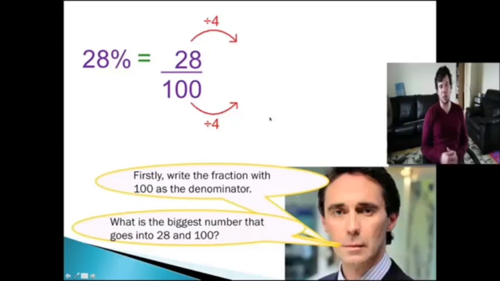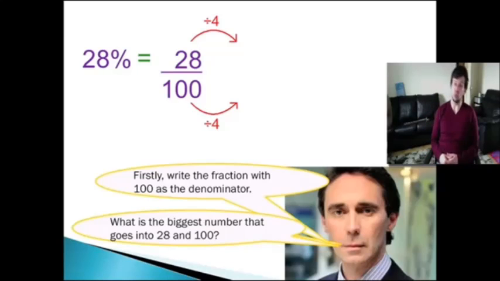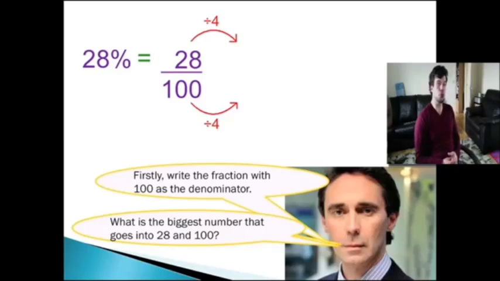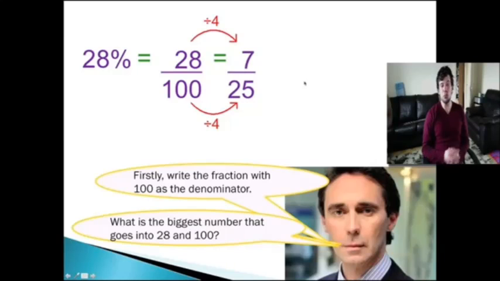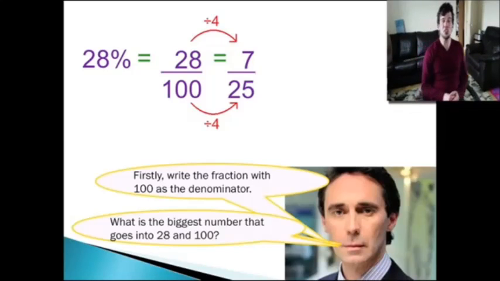What is 100 divided by 4? 25. And how many 4s make 28? 7. 7/25 is 28% as a fraction in its simplest form. This is a 2-mark grade D question. 1 mark for 28 out of 100, 2 marks for 7 out of 25, cancelling the terms down.